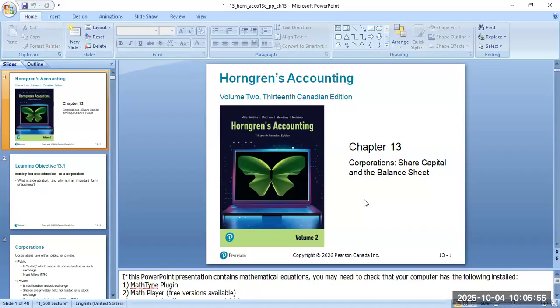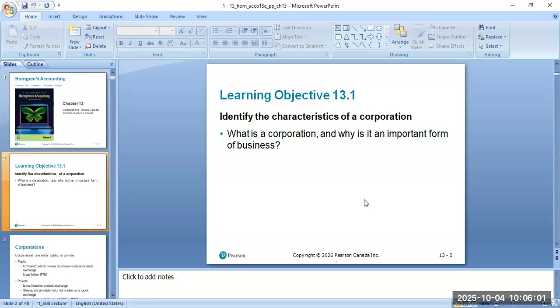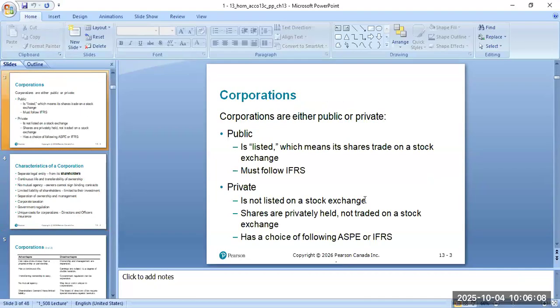Now let's go with the corporation. We're going to move now to the corporation level, and see what happens with corporations. First, we're going to establish what a corporation is and what it does. The form of business: you can form a business in three ways.